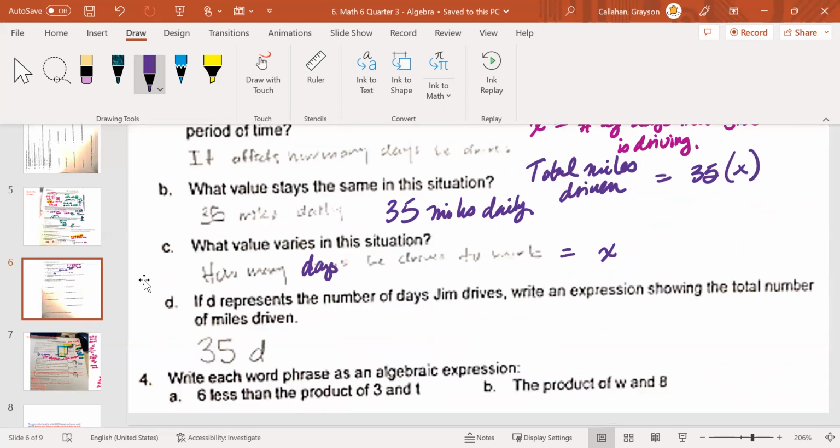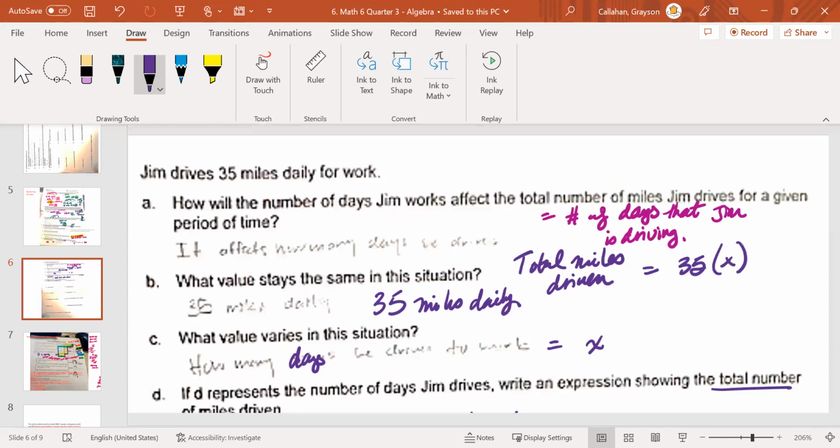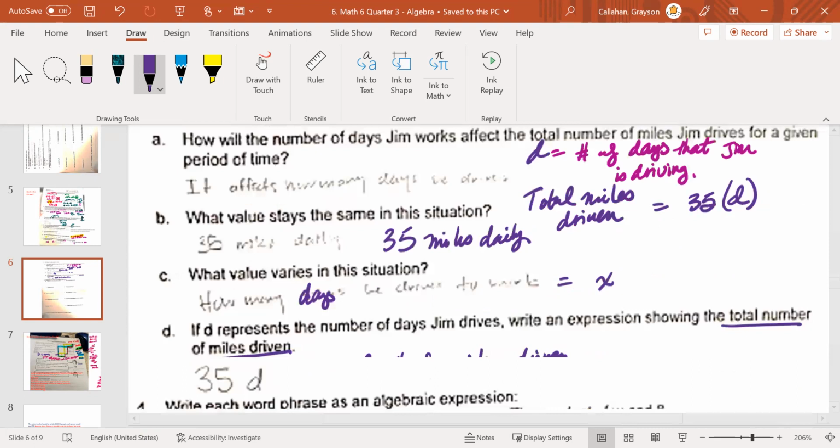If D represents the number of days Jim drives, write an expression showing the total number of miles driven. So 35 equals total, you gotta write equal, okay? And you just go total number of miles driven, right? And we're not gonna use X because they're using D, so just to be consistent, we're gonna put D instead, okay?